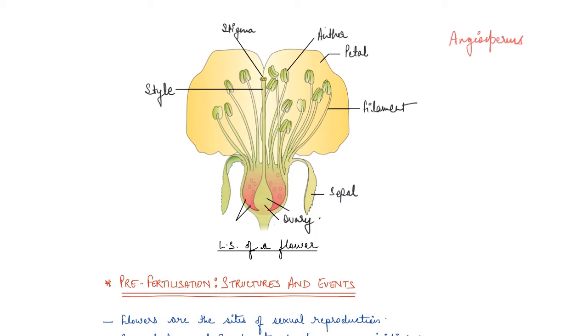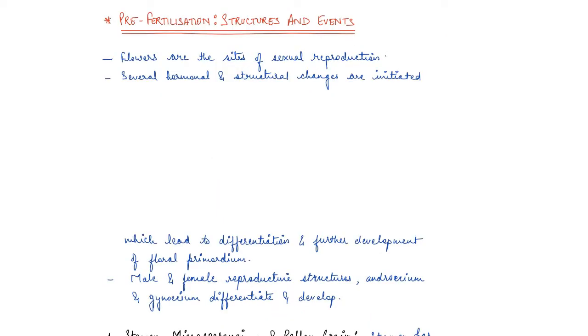So what we will start after this is the pre-fertilization structures and events in case of flowers. Basically, much before the actual flower is seen on a plant, the decision that the plant is going to flower has already taken place, right?